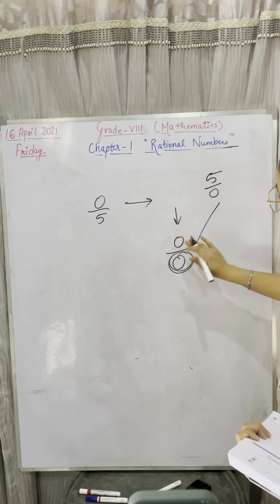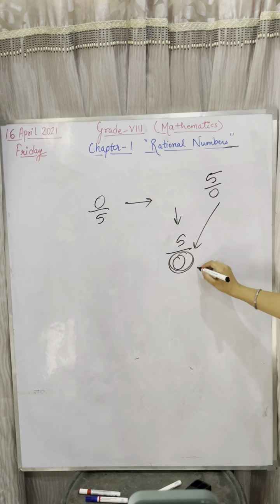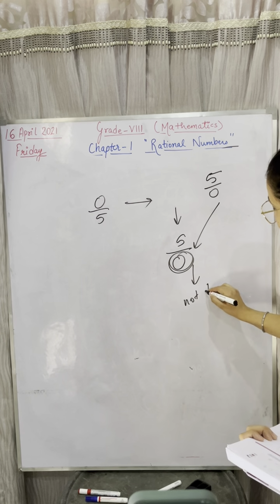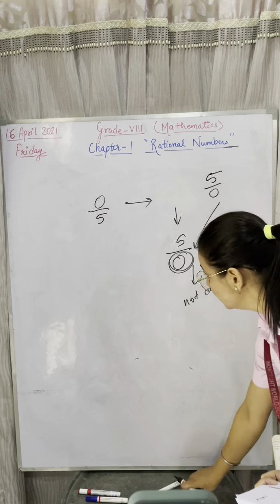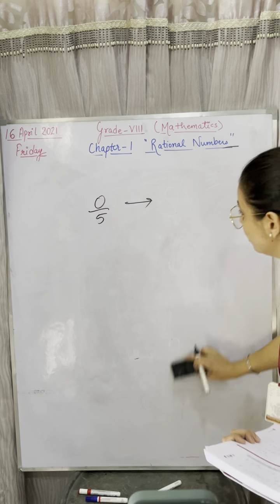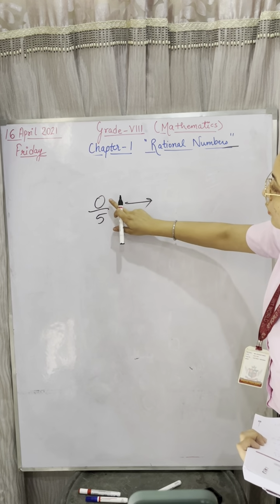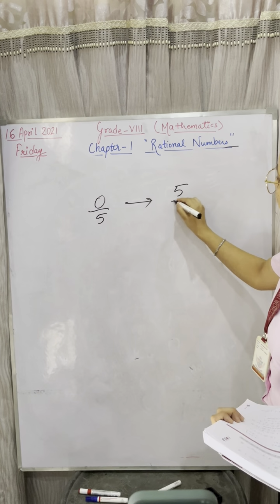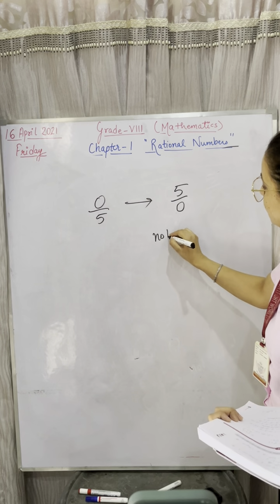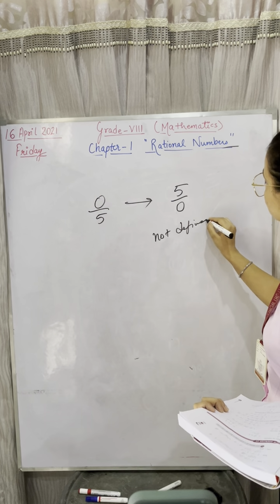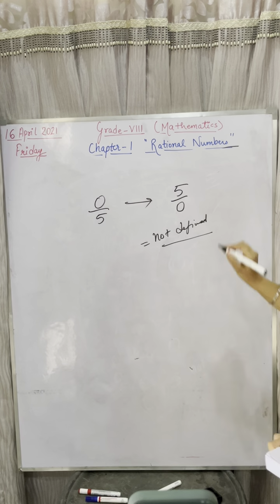If anything is divided by 0, that is not defined. So in your paper you can write the multiplicative inverse of 0 by 5 is 5 by 0, or you can write not defined. Both answers will be correct.